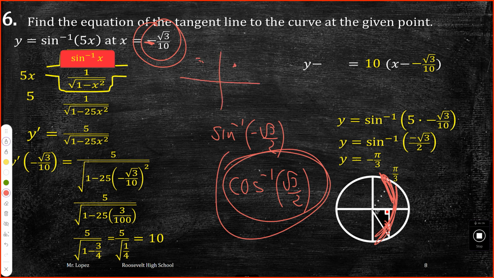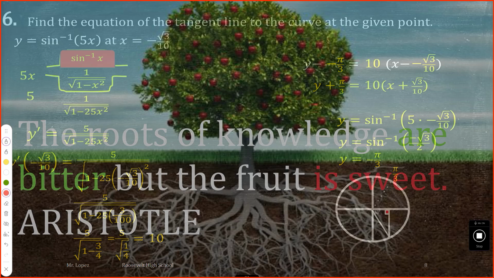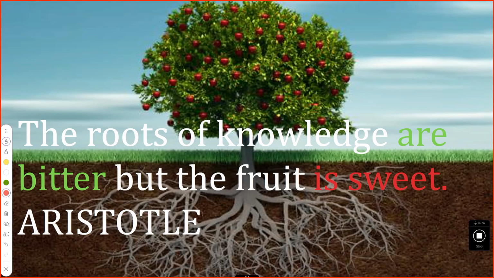And since it's positive root 3 over 2, it would be this one. If it would have been cosine inverse of negative root 3 over 2, it would be the one here, because cosine is negative right here, x is negative. That's it. We're done for today.